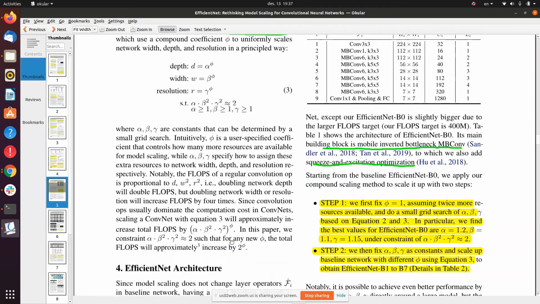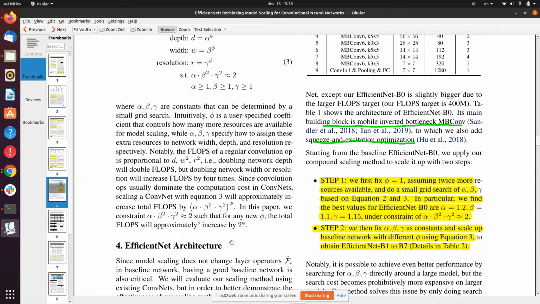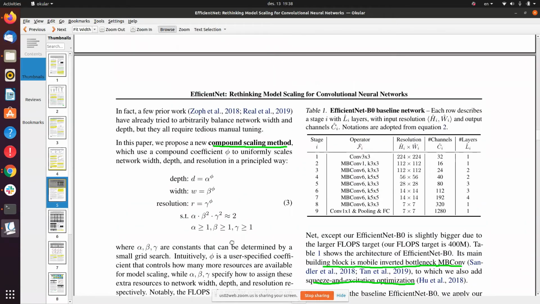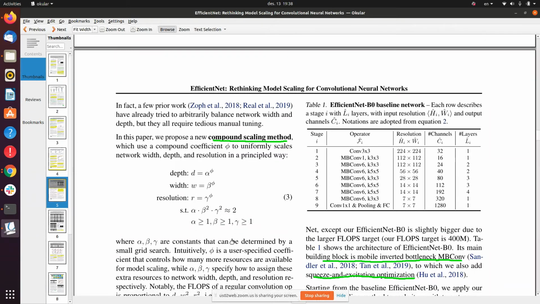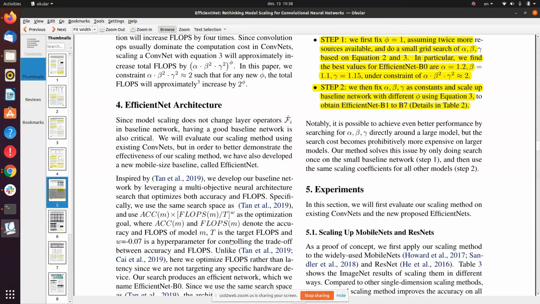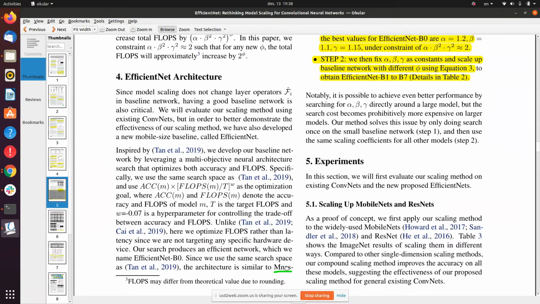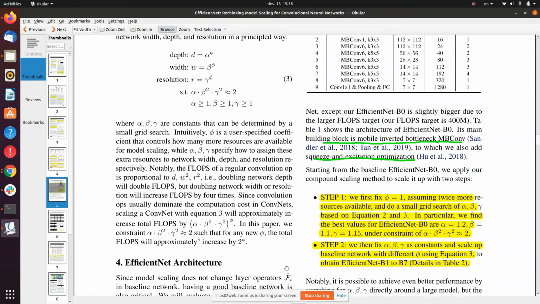So once they have come up with this, they need to have some kind of baseline architecture, which they have shown in Figure 2 above. This network architecture is completely designed using, it looks to me, MnasNet based. Other than that, here I think most of the guys are familiar with these two things.